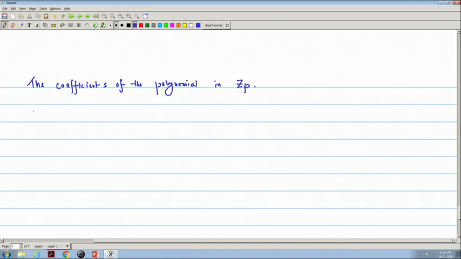Now, once we get the set of polynomials, we can do the modular polynomial arithmetic. That means we can divide one polynomial by another polynomial, and the remainder we get, we can use.